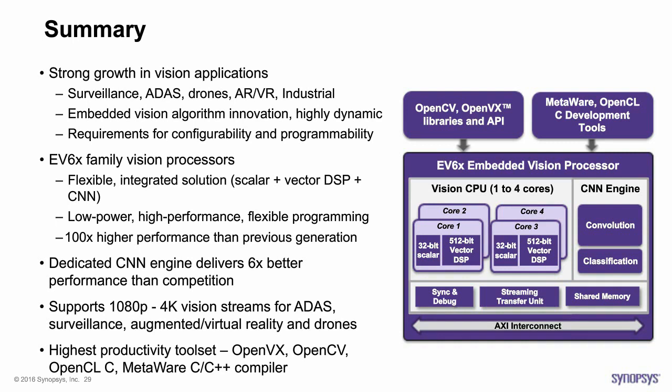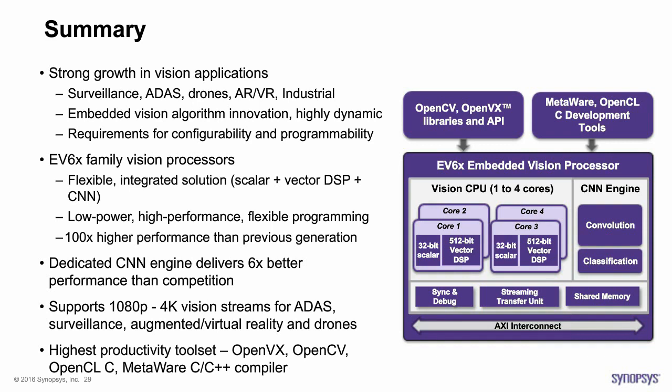Oh, interesting. Yeah, I don't think I mentioned that in the talk here. So we've actually licensed the EV6X family processor to a number of customers already, and some of our customers in the application don't need CNN, so they just use the Vision CPU capability and enjoy the efficiency that brings to them.